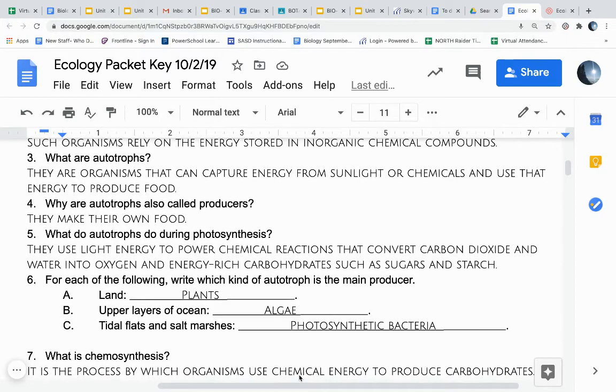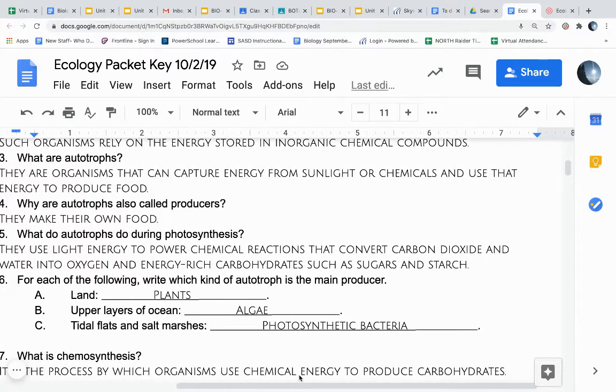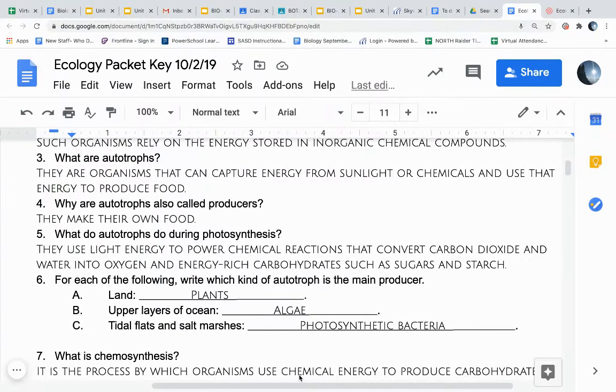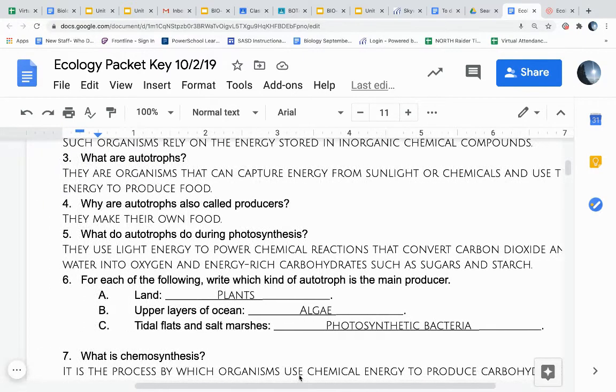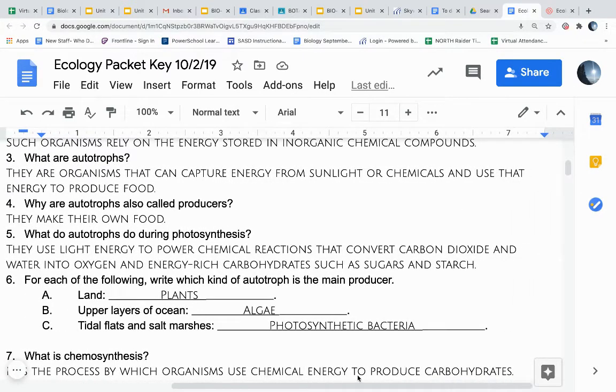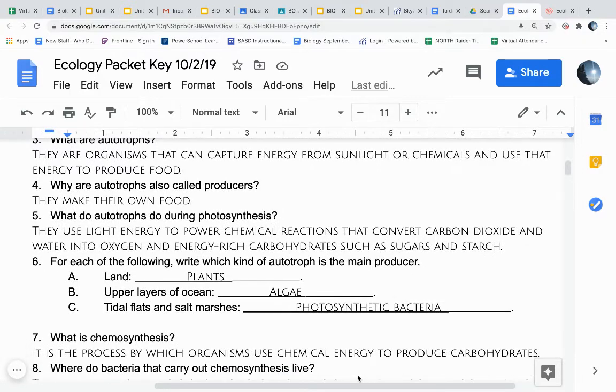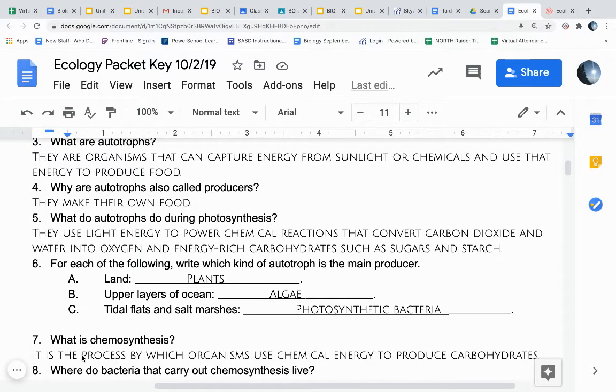Chemosynthesis is the process by which organisms use chemical energy to produce carbohydrates. So they wouldn't use light energy, they would use chemical energy in the form of maybe sulfurous compounds or carbon compounds. So just know that essentially autotrophs don't just have to use sunlight.